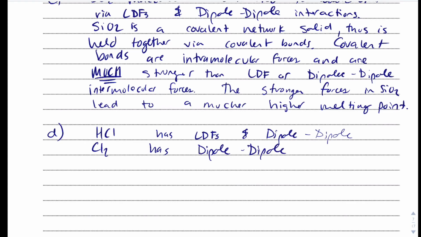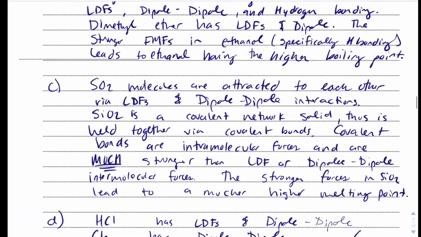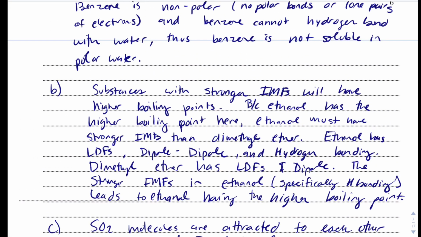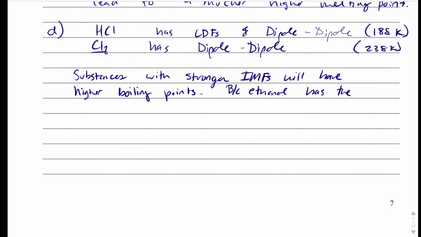So you would expect Cl2 to have the lower boiling point, but it doesn't. Cl2, they say, has 238, whereas HCl has 188. So based on what we've said earlier, substances with stronger IMFs will have higher boiling points. So Cl2 must have the stronger IMFs.